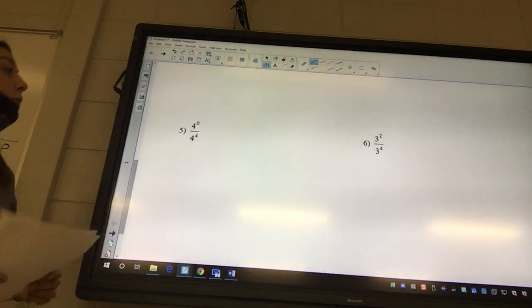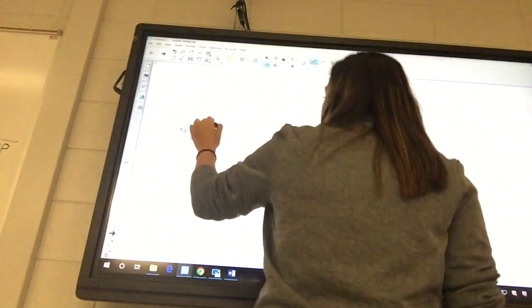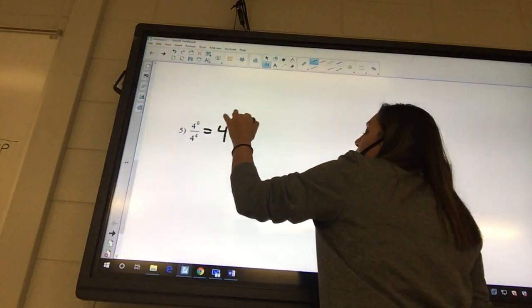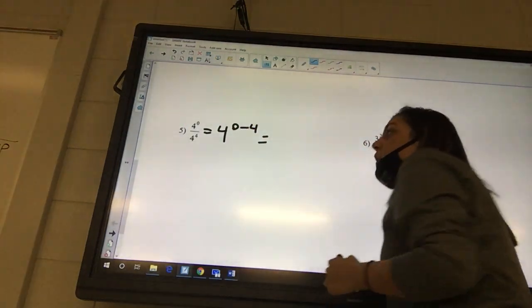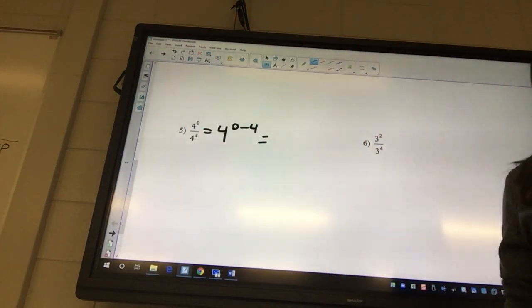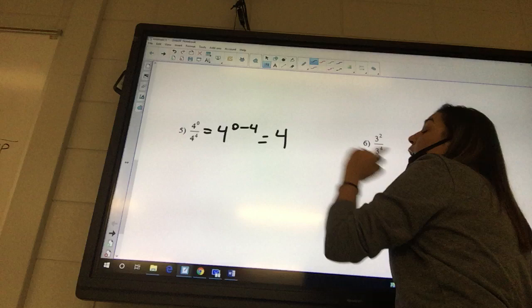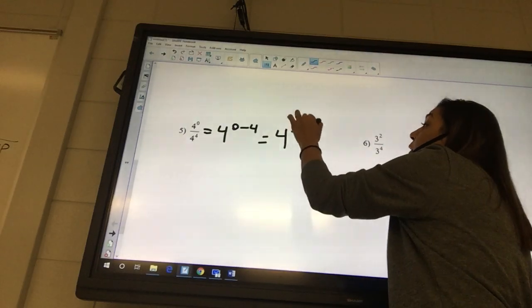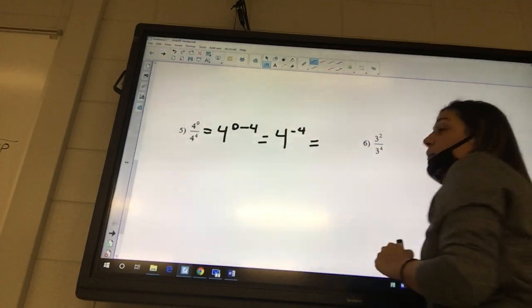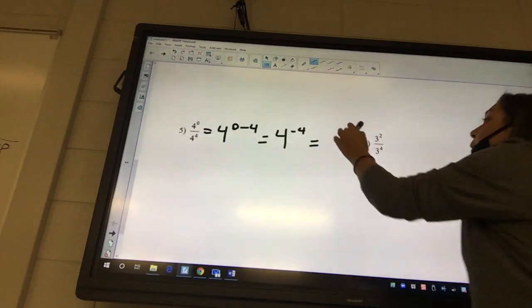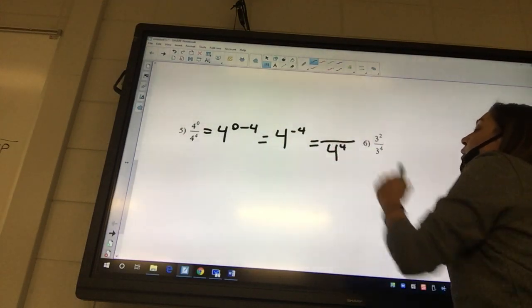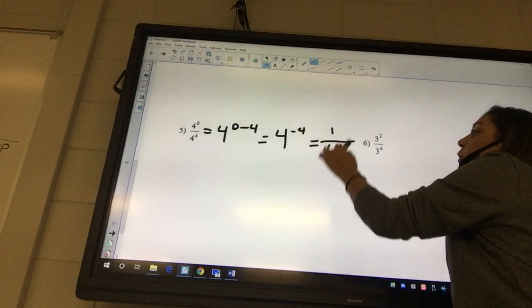Okay, look at 5. I'm going to have 4 to the 0 minus 4. What's 4 to the 0 minus 4? Negative 4. Okay, what do we do with negatives? We have to put them on the bottom. So it's going to be 4 to the 4. What goes on top? 1.